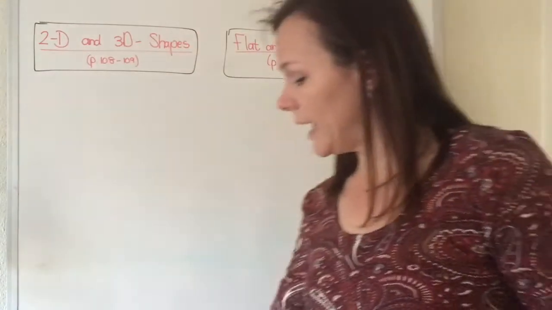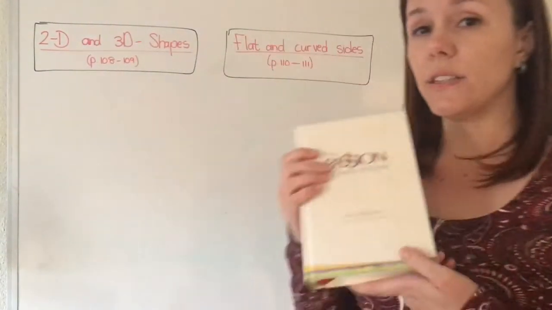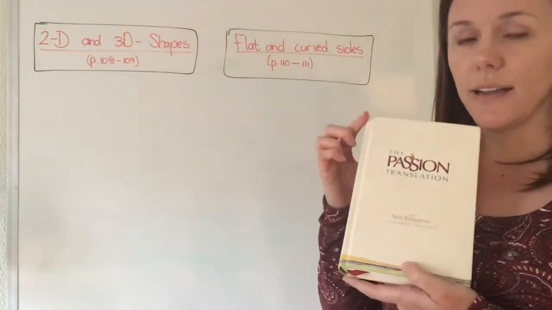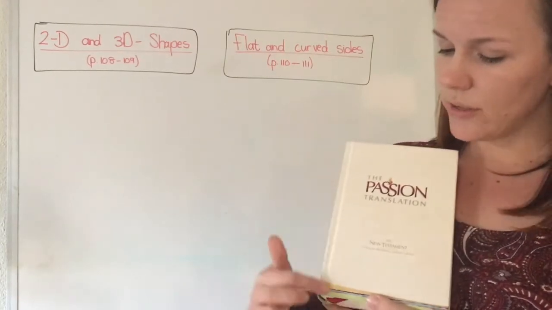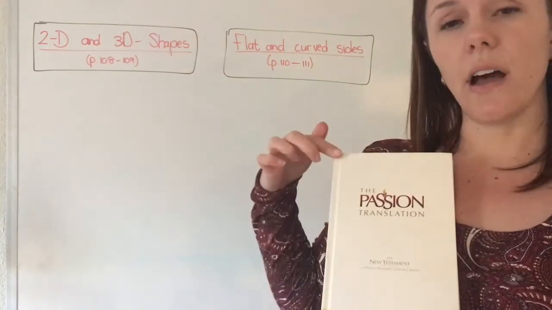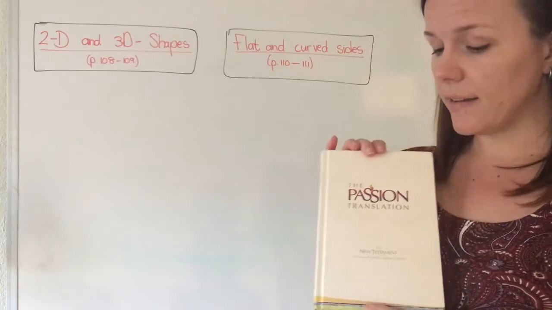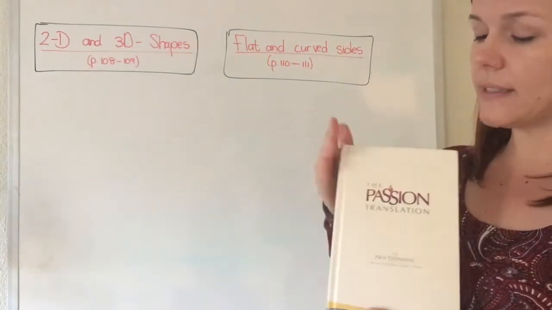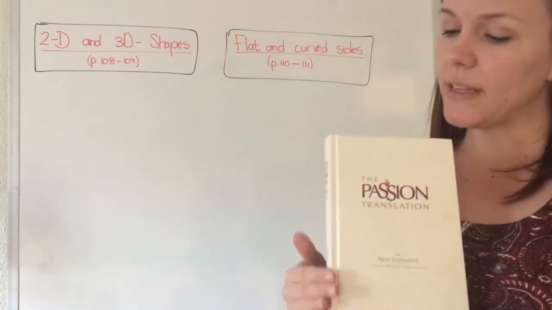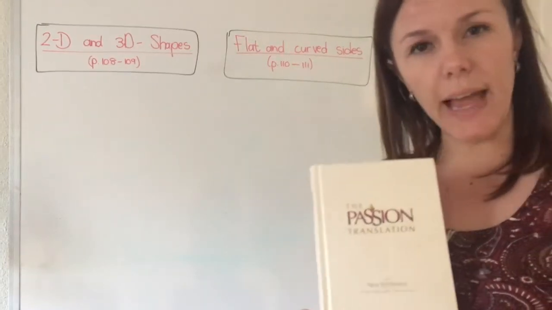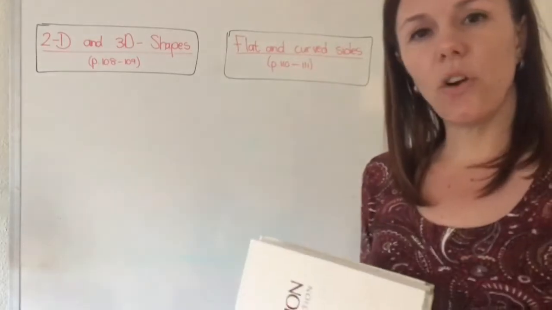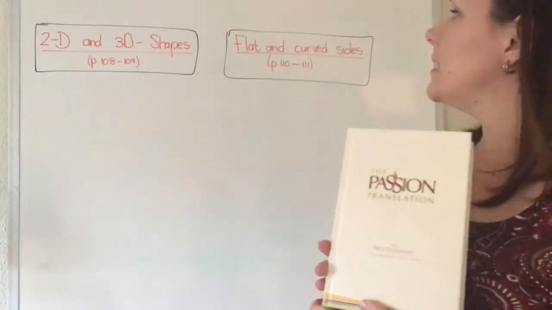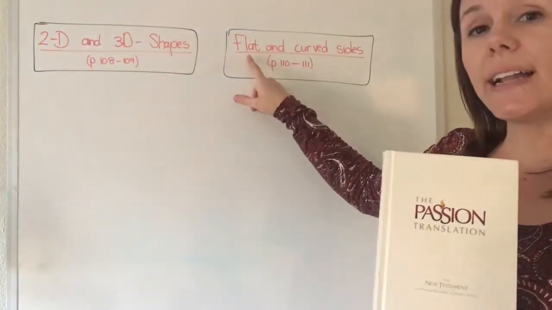Now, if we look at any kind of shape like this one, it has sides. This Bible has long sides and short sides because it's a rectangular shape. Okay, and all of these sides, it's almost like a ruler. It's flat. I can put it flat on the table, and therefore it's called a flat side.